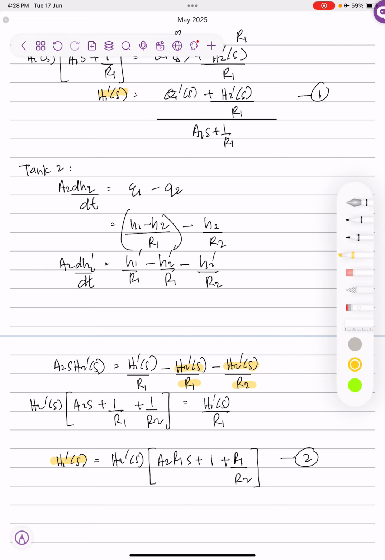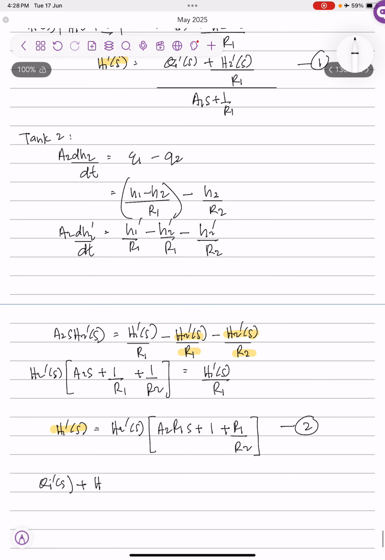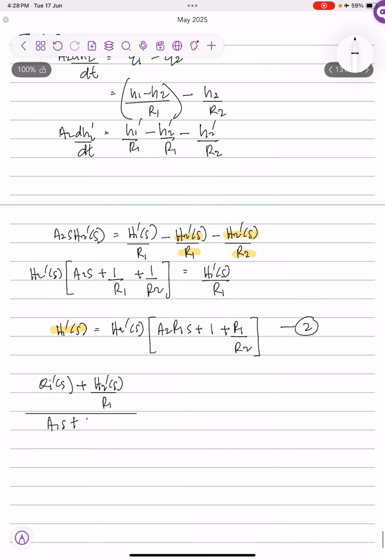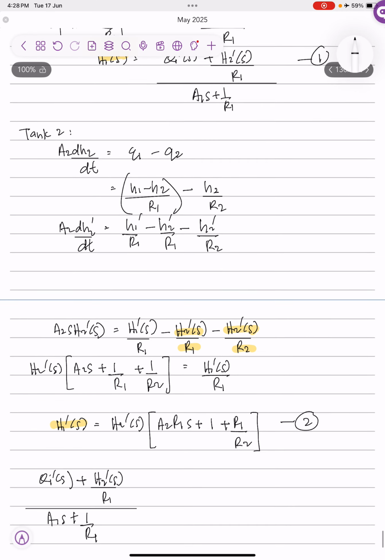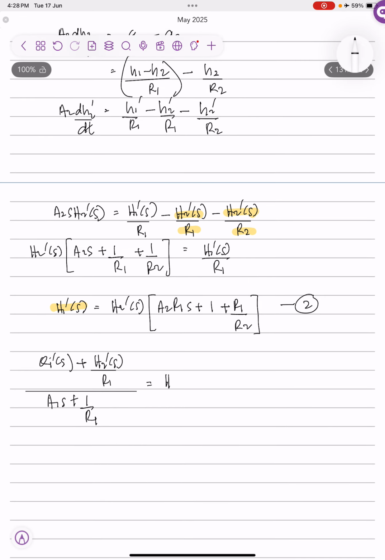Then we get (Qi'(s) plus H2'(s)/R1) over (A1 s plus 1/R1), times 1/R1, which is H1'(s) based on equation 1, equals H2'(s) times (A2 R1 s plus 1 plus R1/R2).